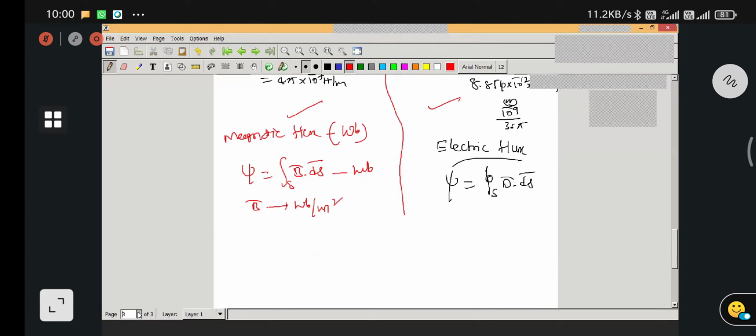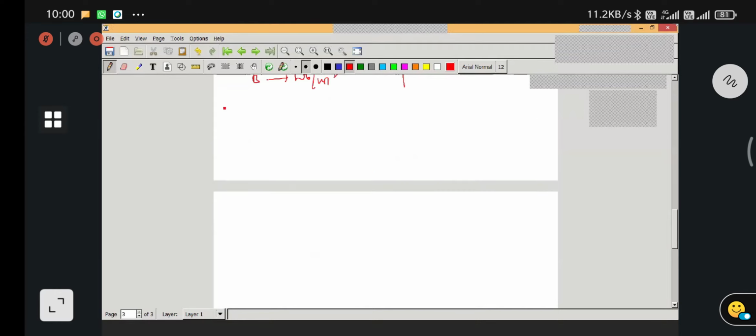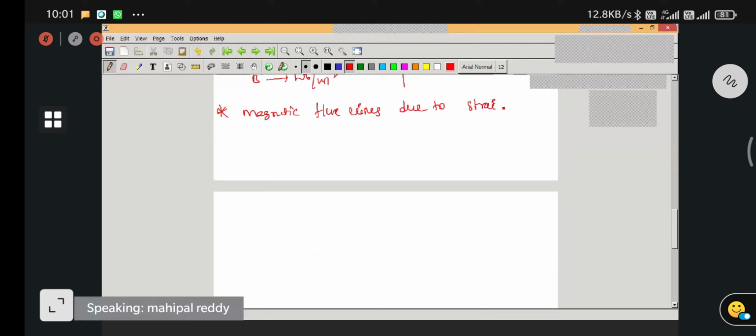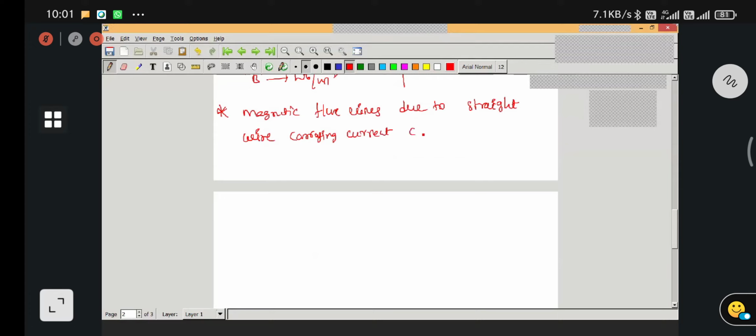First of all, I am writing: magnetic flux lines due to a straight wire carrying current, coming out.